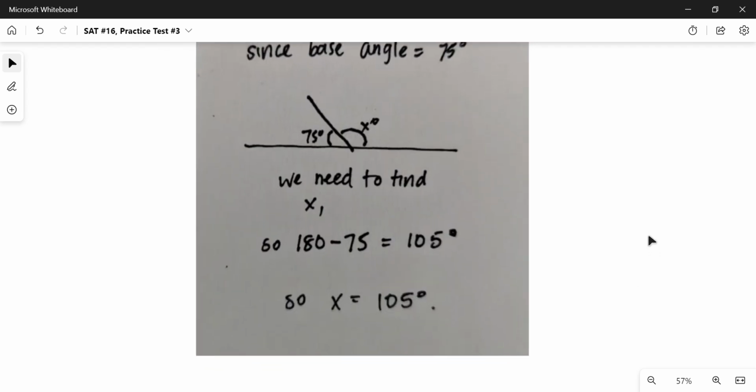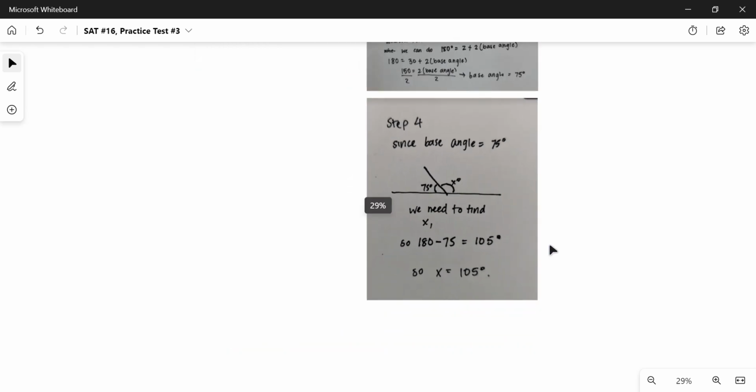Since we only have a little sector right here, we do 180, the entire angle, minus that little sector, 75, to get x, 105 degrees. So x equals 105 degrees.